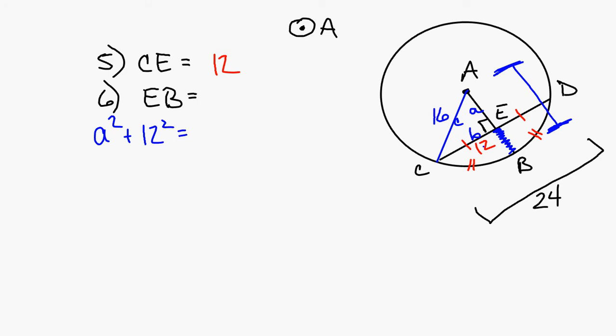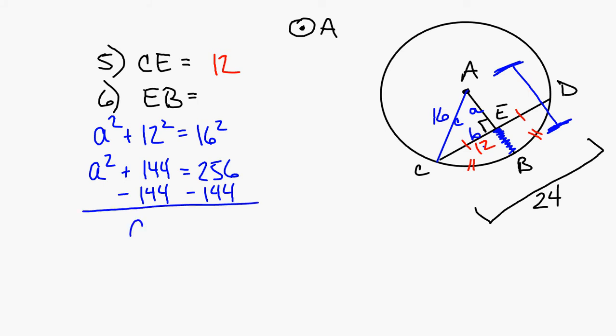Okay, so A squared plus 144 equals 16 squared, which is 256. If you subtract 144 from each side, then A squared equals 256 minus 144, which is 112.